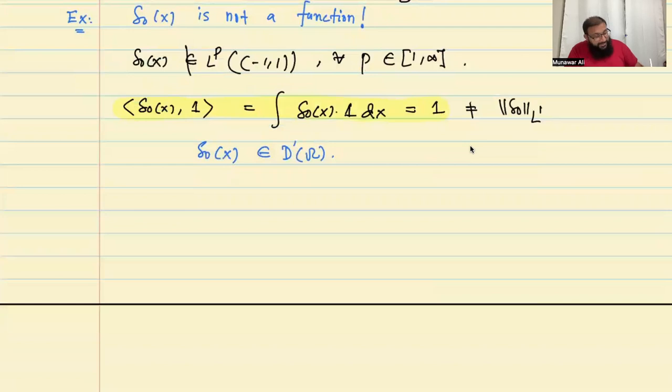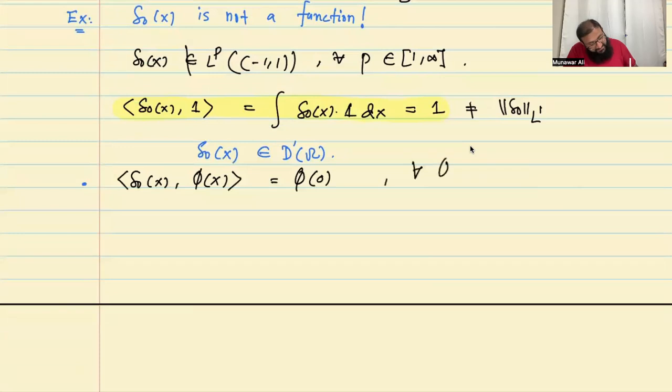So what are some of the properties of this function? You know very well, if you have delta naught and you operate on some function phi of x, this will give you the function phi evaluated at 0. We discussed this in the previous lecture. This is how you define what the result is when delta naught is operated on a function, for all phi from the space of test functions.